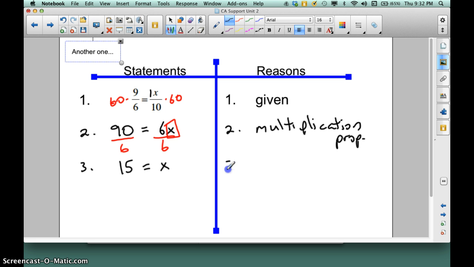And the way that you got that was dividing. You divided on both sides, so division property. So the part that I expect might hold you up a little bit is right here, this x over 10 times 60. So we're going to talk about that part more in class.